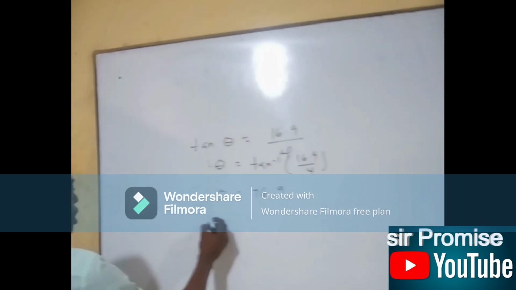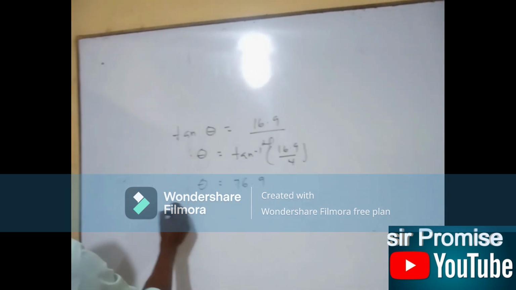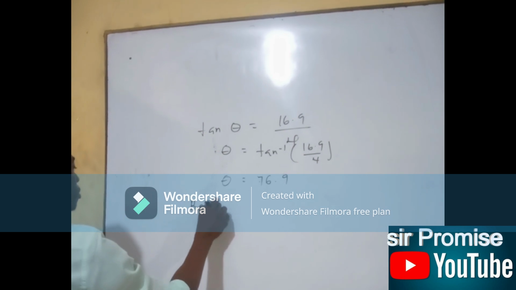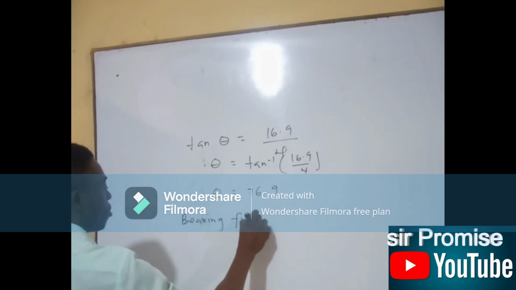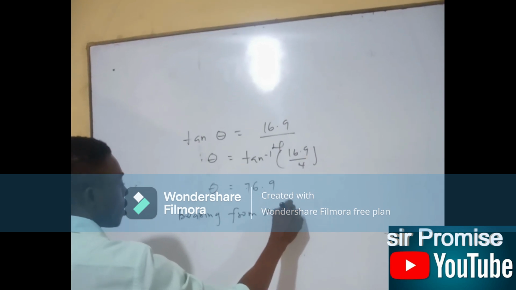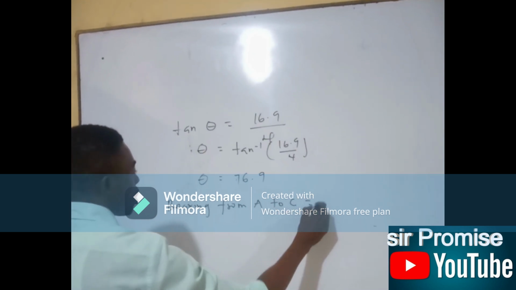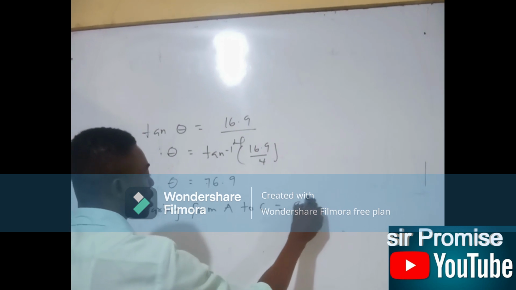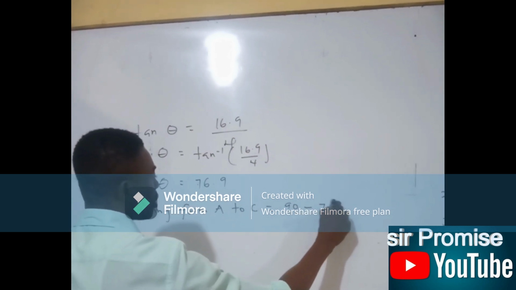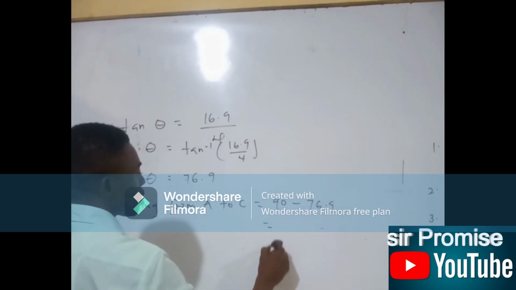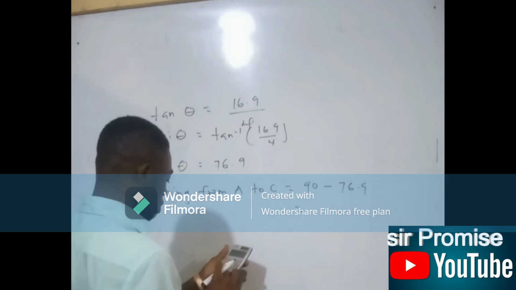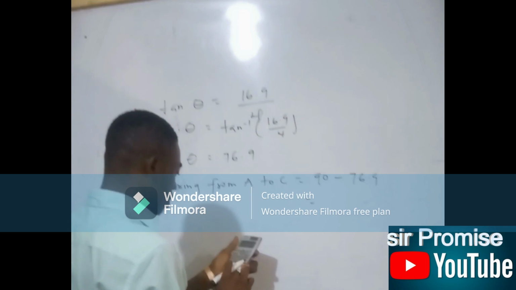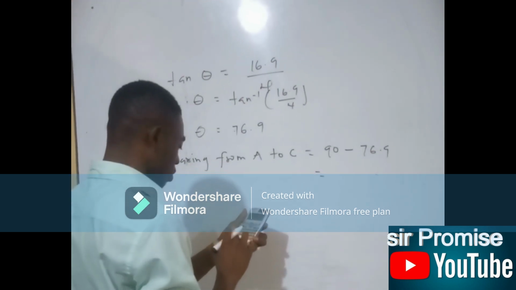So to find the bearing from A to C, it is going to be 90 minus 76.9.